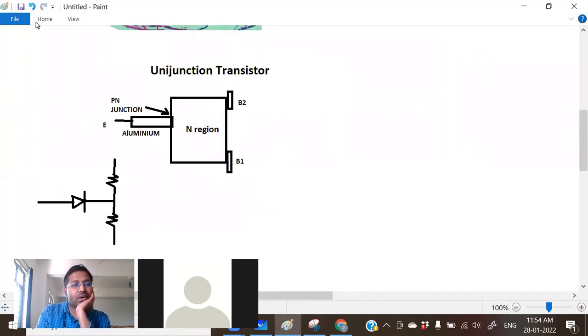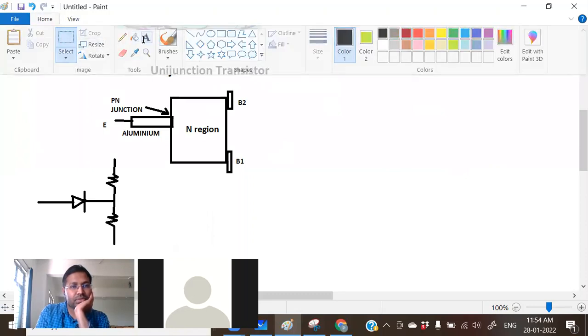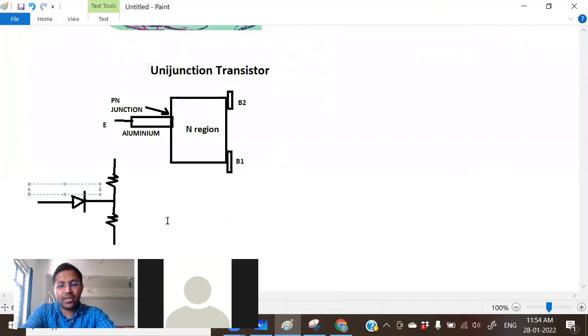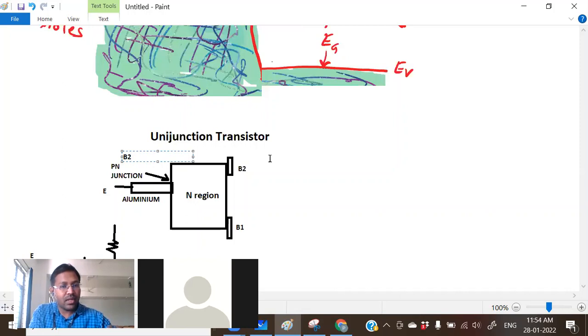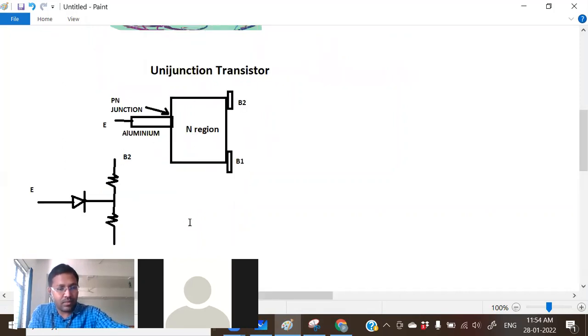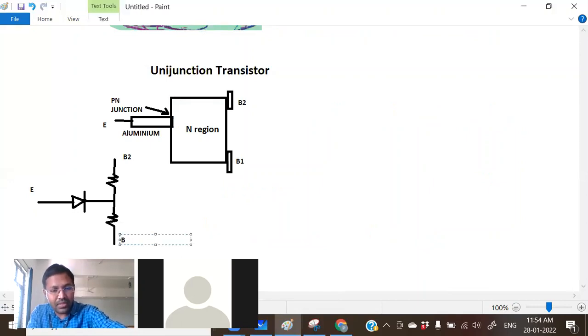So this first terminal will obviously be the emitter. Then this top terminal is base 2, and this bottom is base 1.